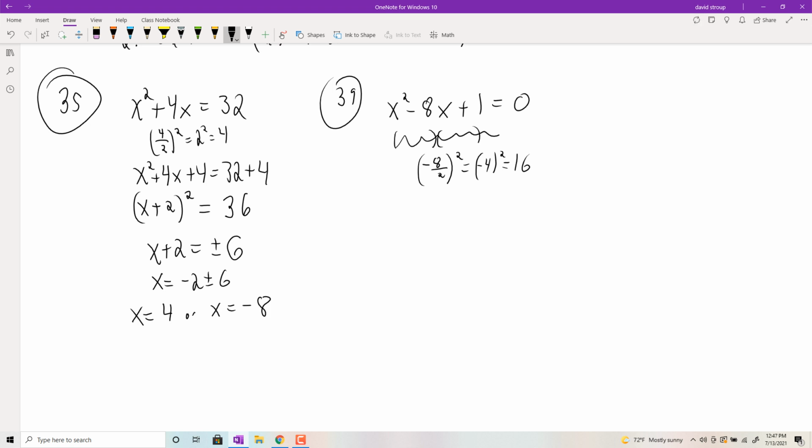I maybe should have moved the constant to the other side first, just to be consistent. So you're not, in this case, setting it equal to 0. Okay, once you get it in this form, then add the 16 to both sides. Honestly, it won't matter, but I just want to be consistent with what the book does.